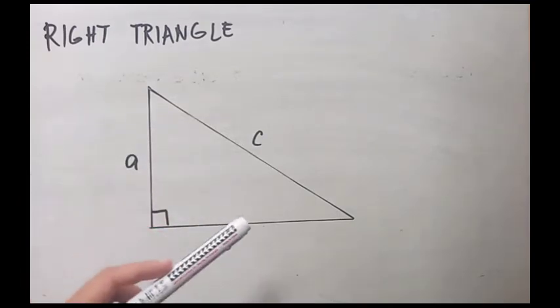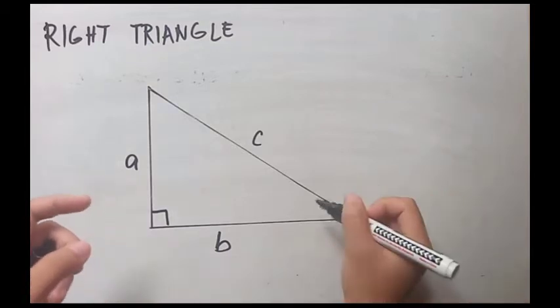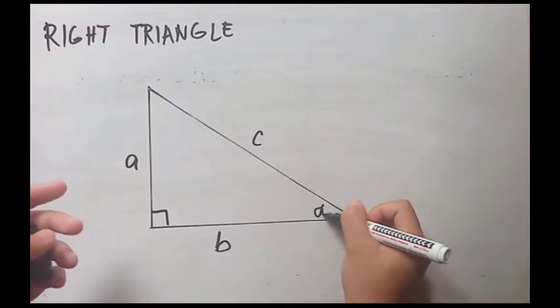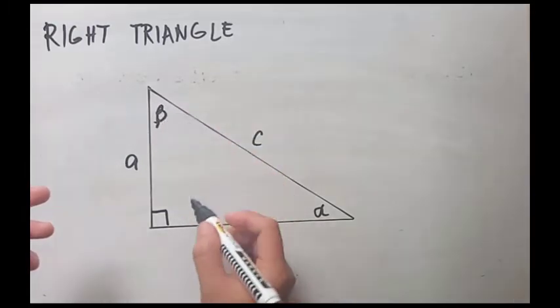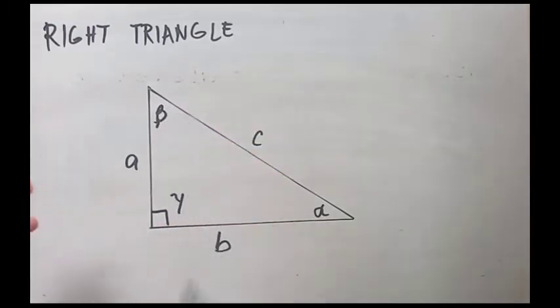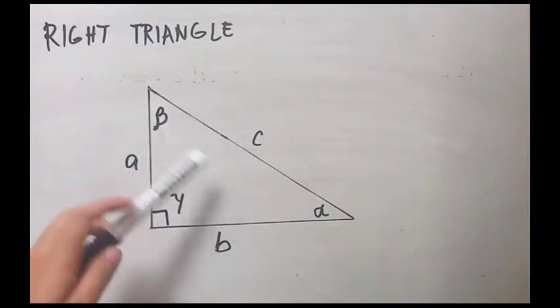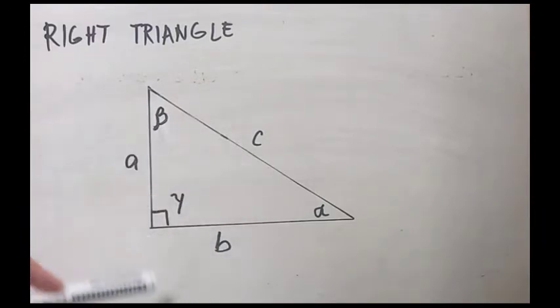And in their opposite angles, we will use the symbols alpha, beta, and gamma to represent the angles in our right triangle.